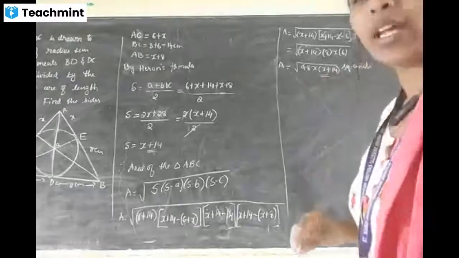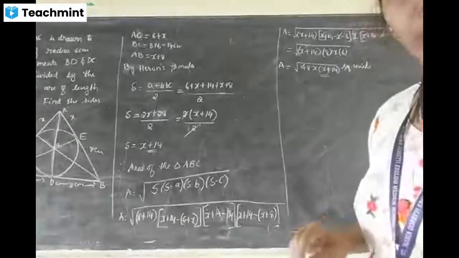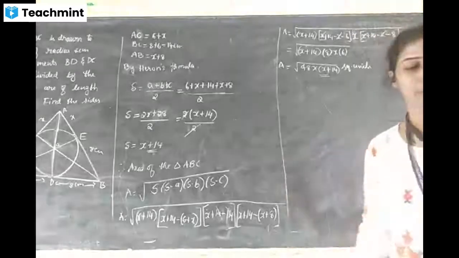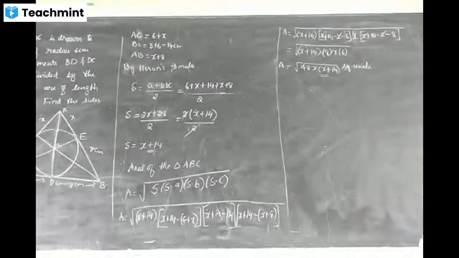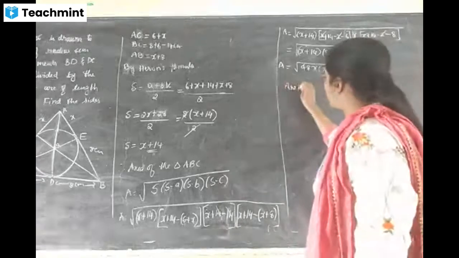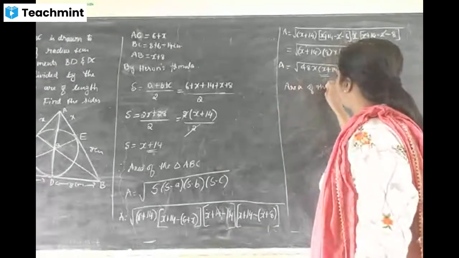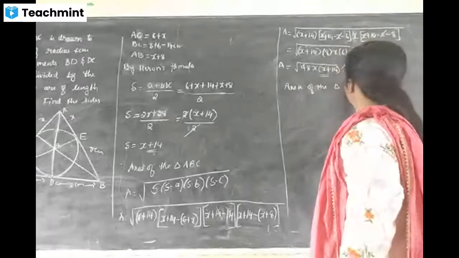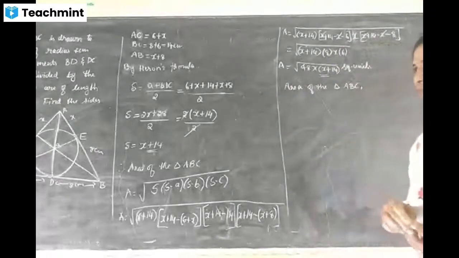Now one more area we have to find, because we need to compare both. Now we must go for the area of the triangle ABC once again. How?